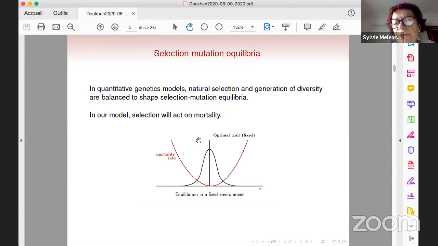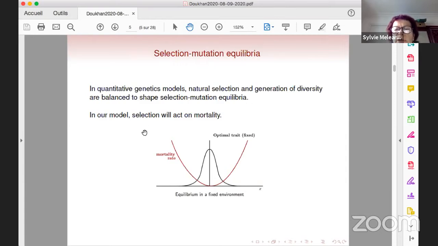And here, for example, you can see that there is an optimal trait from the point of view of evolution, since this trait you see is the optimal for the density of traits in the population, but also because at this level the mortality rate is as small as possible.